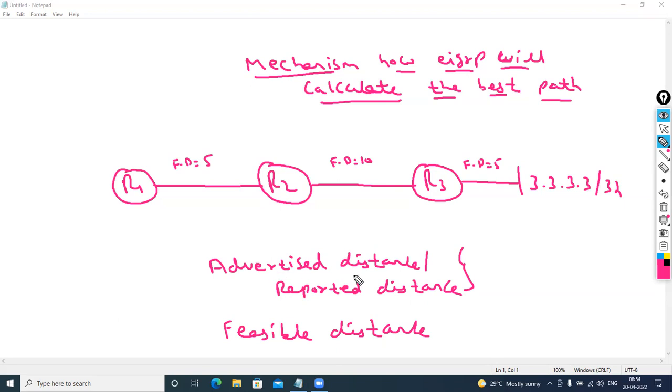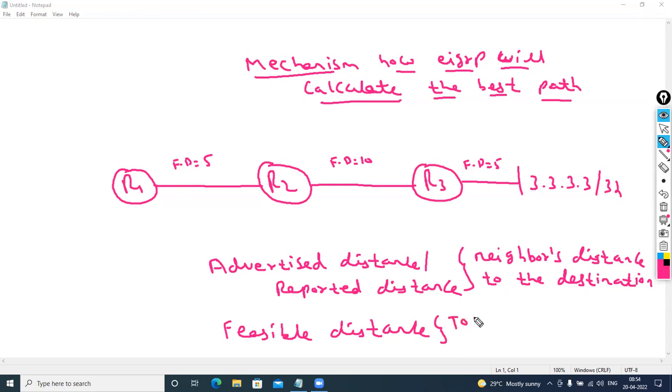So what do you mean by advertised distance or reported distance? It is the neighbor's distance to the destination. And what do you mean by feasible distance? It is the total distance from source to the destination.